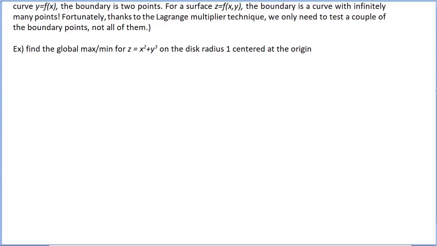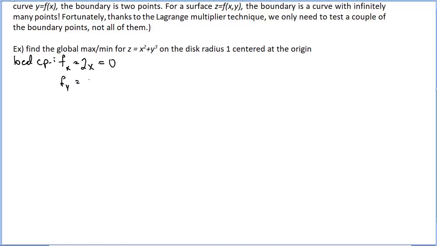So let's take a look. Notice that we need to find the local critical points and we need to find the boundary critical points. So first, local critical points. To find that, first derivative test, df dx equals 2x, and that's got to be equal to 0.